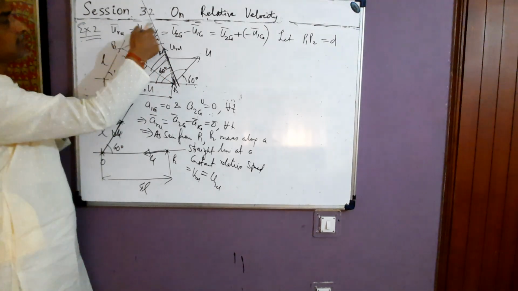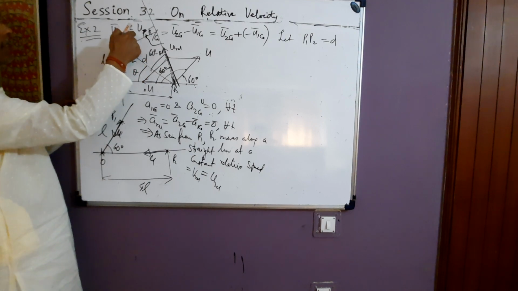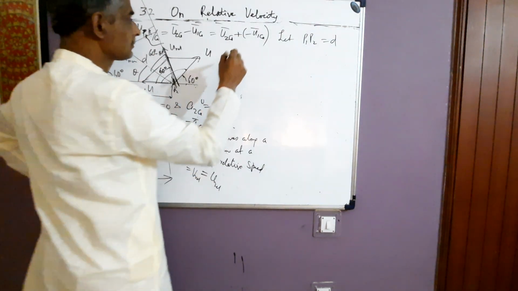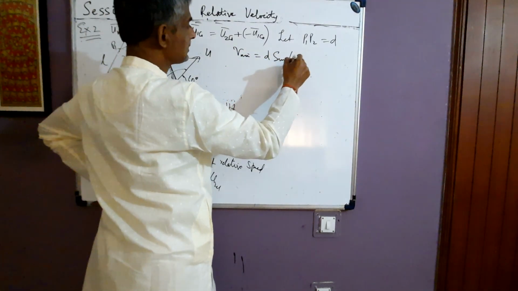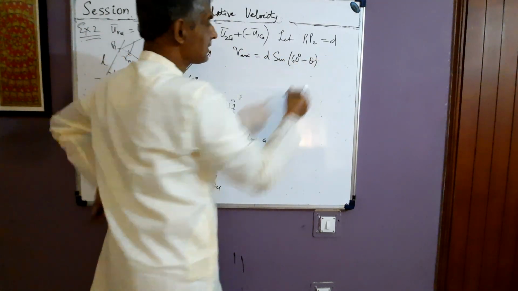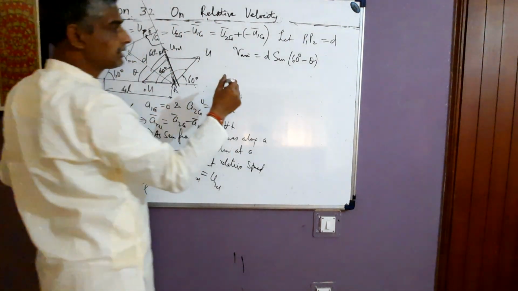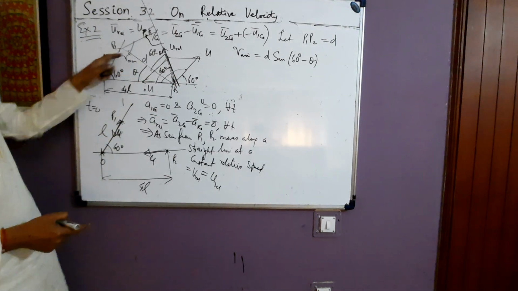This is D, this is a right angle triangle, D is the hypotenuse, this angle is 60 degree minus theta. R minimum by D is equal to sin 60 minus theta by geometry. So R minimum is equal to D sin of 60 degree minus theta. Now we first have to find D. This is a triangle, we can use the cosine law.